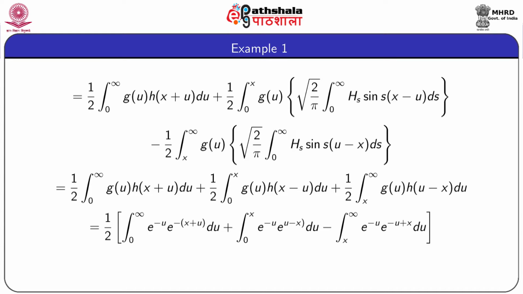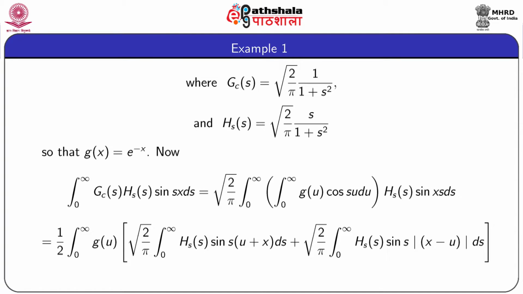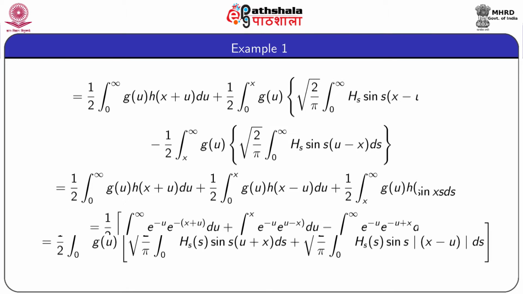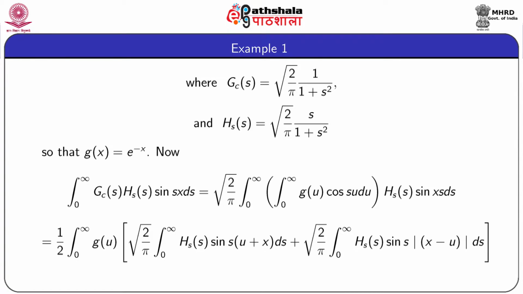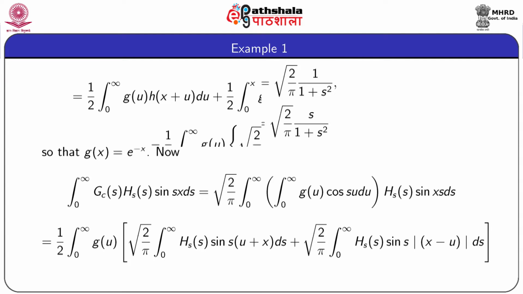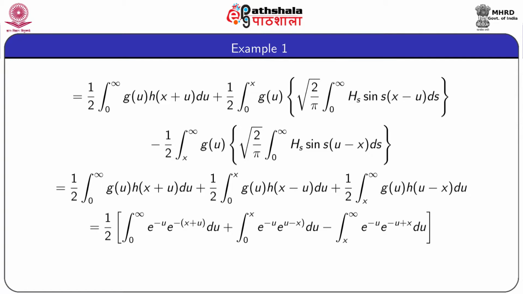This first term stands for this, where capital H is the Fourier sine transform of small h. So, we get the first term, and the second integral here, this range of integration we will break into 0 to x and x to infinity.